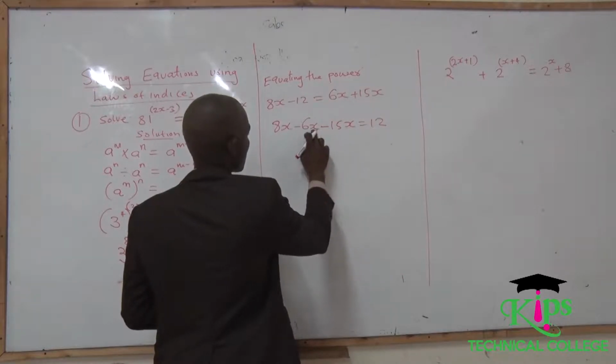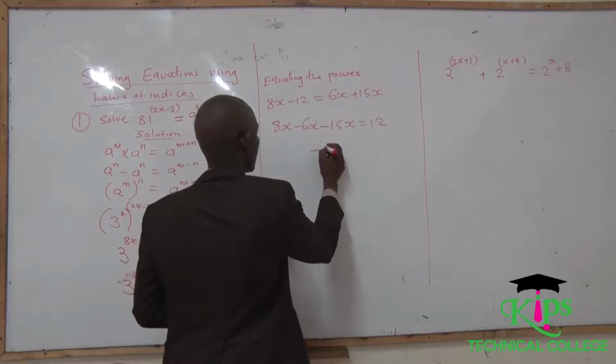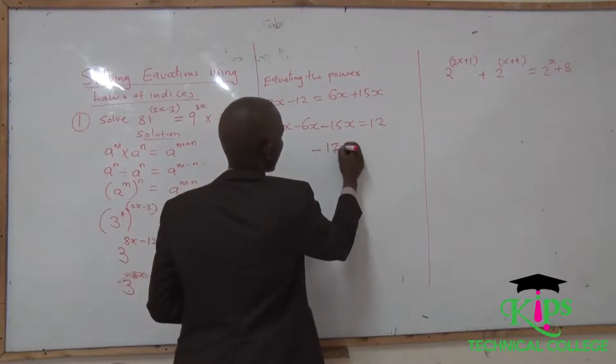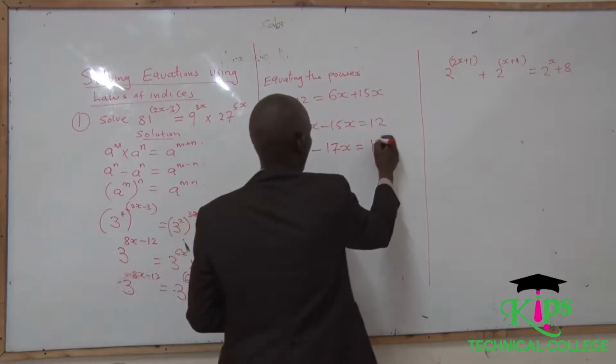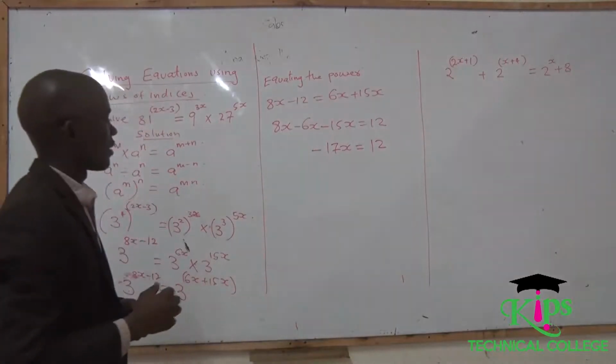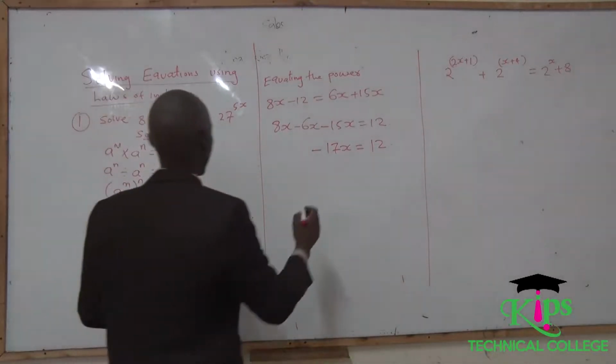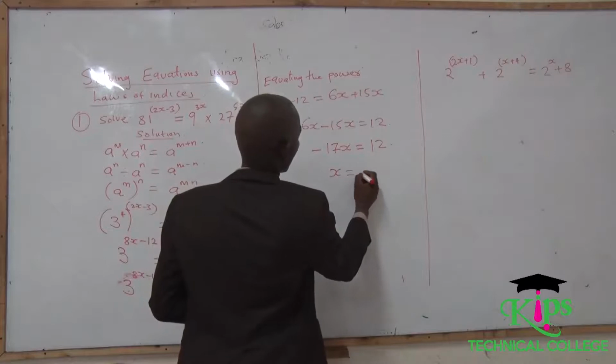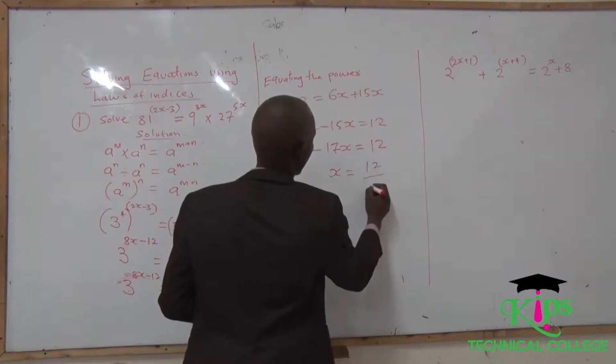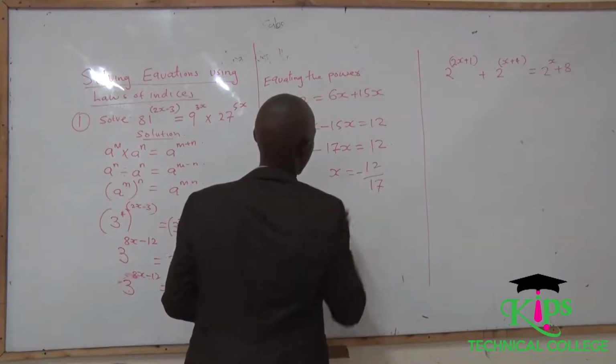So minus 2, this one gives you minus 17x is equal to 12. So our x here will be equal to 12 divided by 17, but a negative.